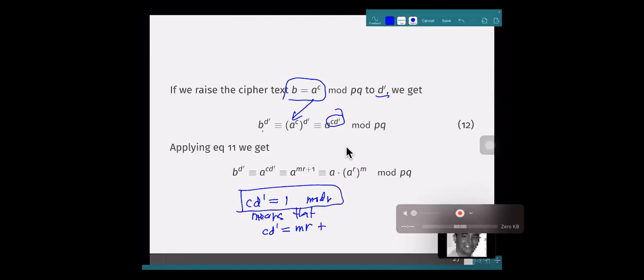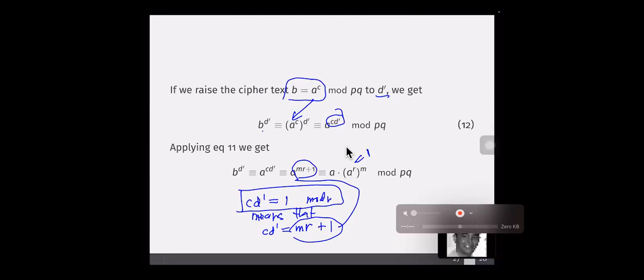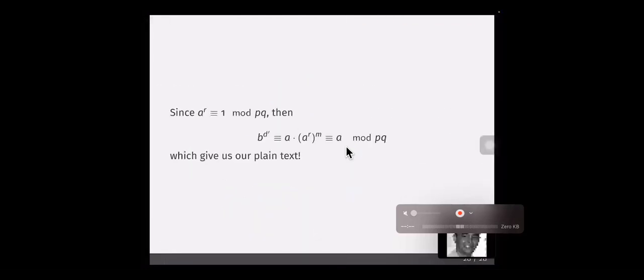This is what we substitute in here. Now this is nothing but, by the law of exponents, A times A to the RM. But A to the R is equal to 1, because this is the period. So that's why B to the D prime is actually equal to A.